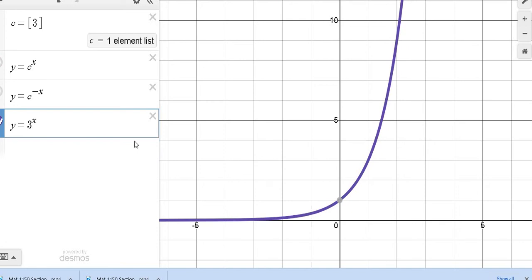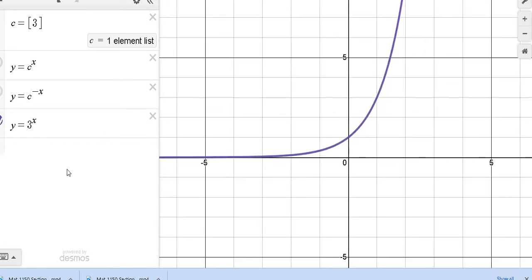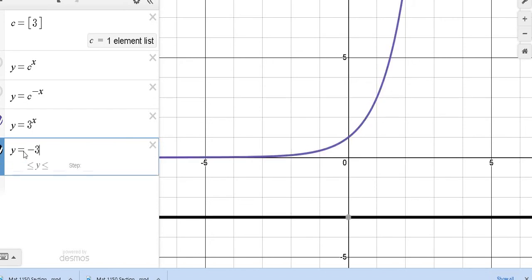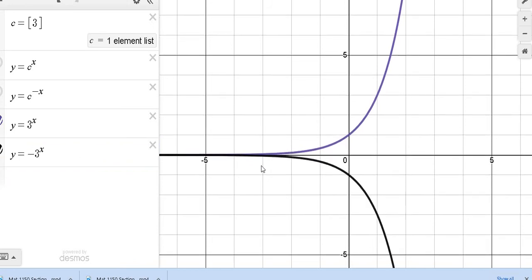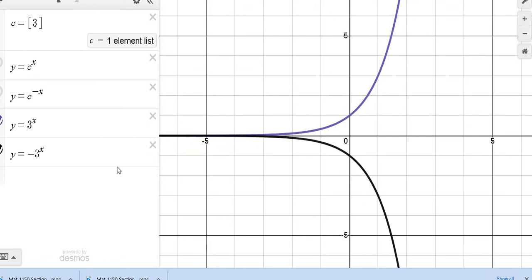That's that graph. And I'll also do y equals negative 3 raised to the x. So that, as predicted, reflected the graph around the x-axis. So we saw that one coming.